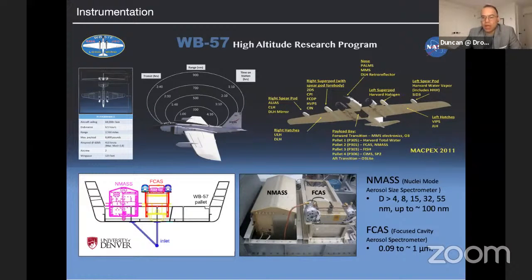These are the nuclei mode aerosol size spectrometer, NMAS, which measures aerosol particles down to 3 nanometers, and the focused cavity aerosol spectrometer, FCAS, which measures aerosols greater than 100 nanometers up to 1 micron. So the NMAS became very important in identifying new particles, so I'll be speaking about that quite a bit.